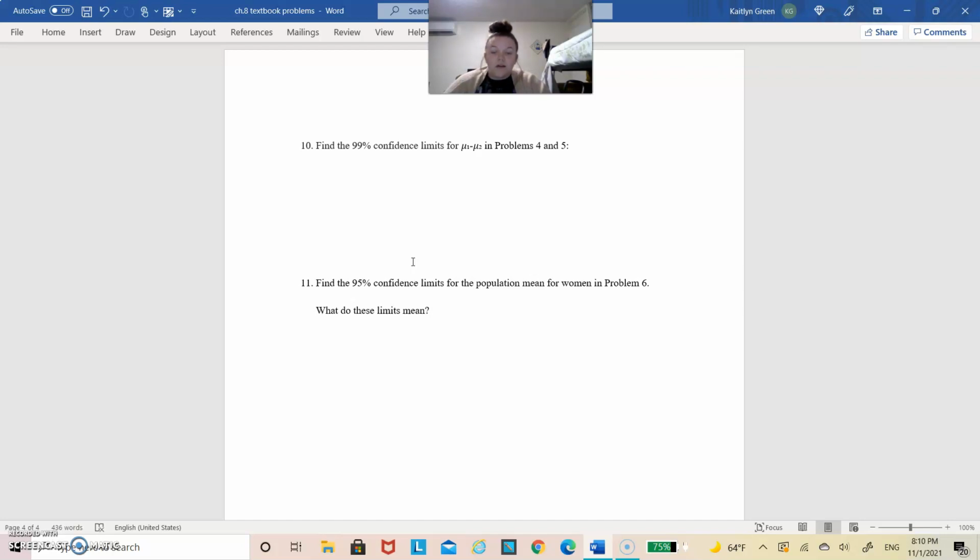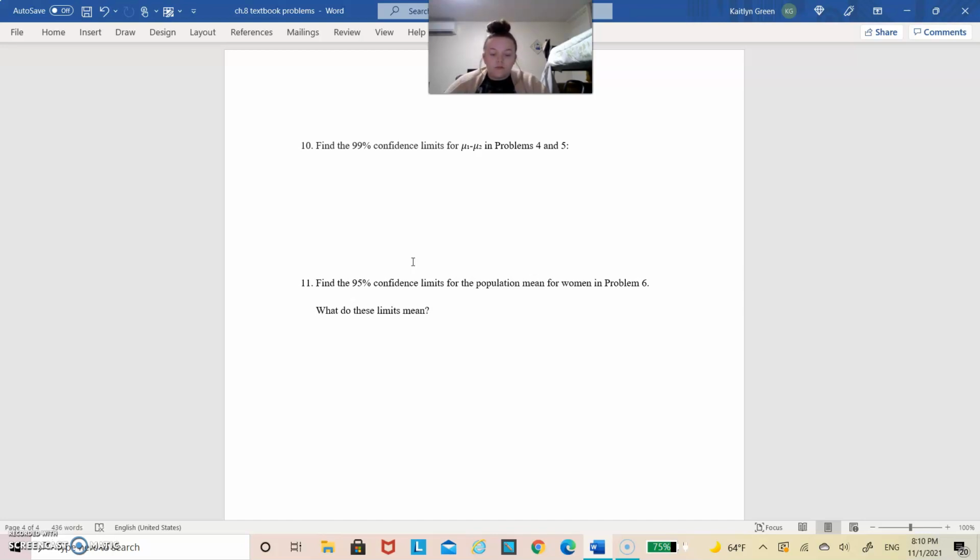So it looks like x bar plus or minus the standard deviation of x bar multiplied by the critical value for an alpha of 0.05, just because that was our alpha in that problem. So we have 29.43 plus or minus 0.4875 multiplied by 2.447, and we get a confidence limit of 29.43 plus or minus 1.193.